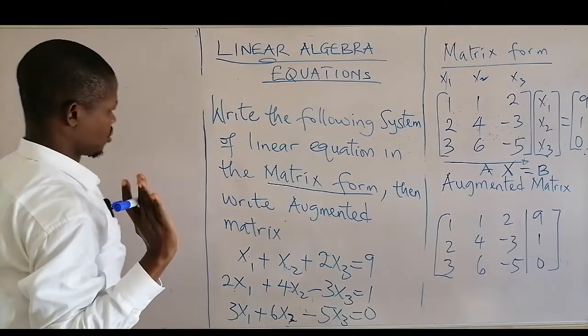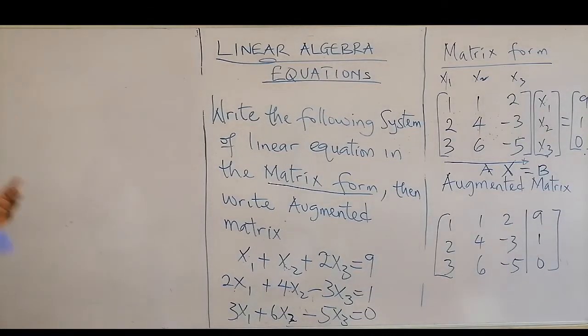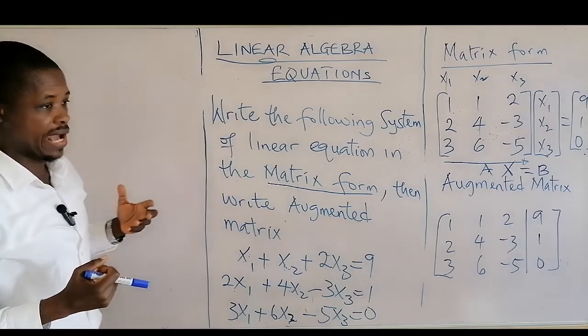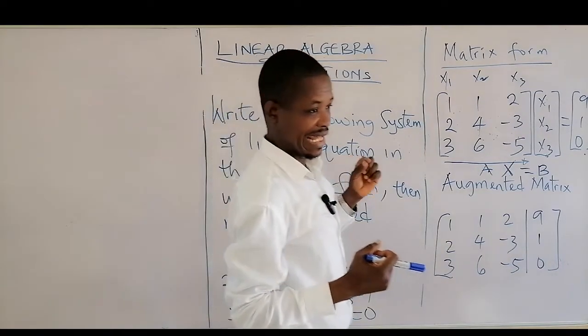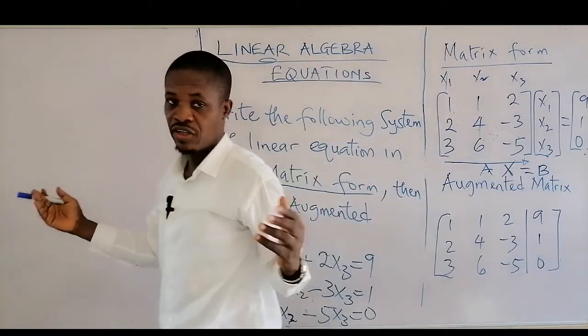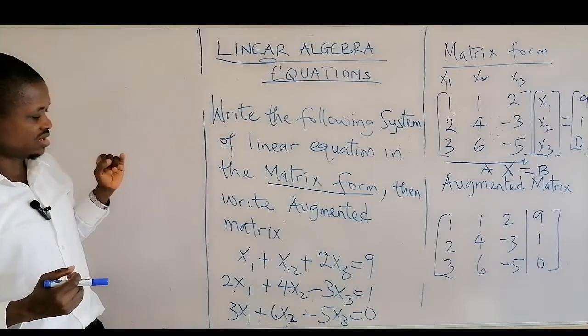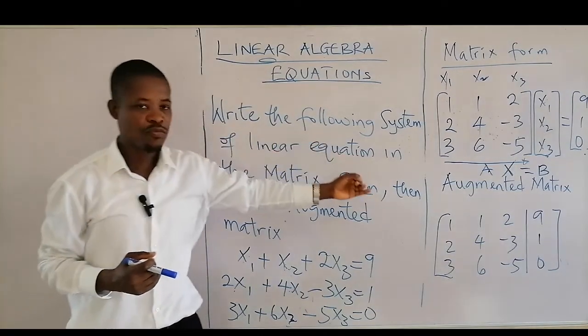We finished the question. I want to quickly digress so that we can start solving questions, because I mentioned three key points for Gaussian elimination or row reduction. There are 3 things to note. The first one is the augmented matrix.